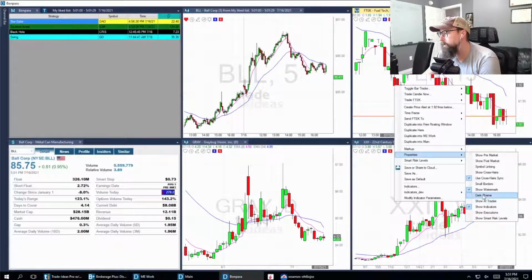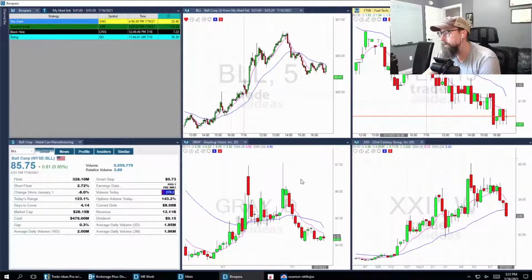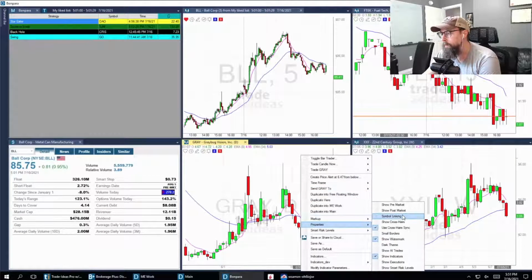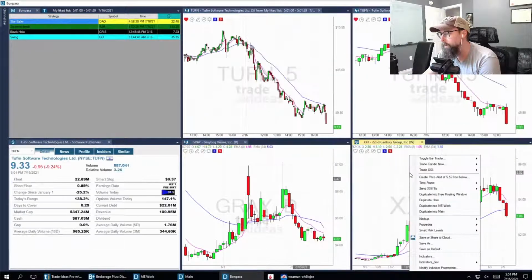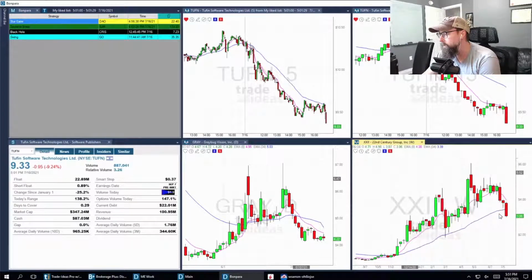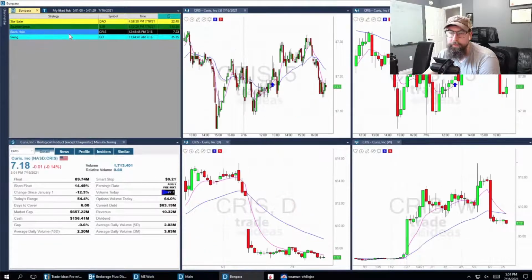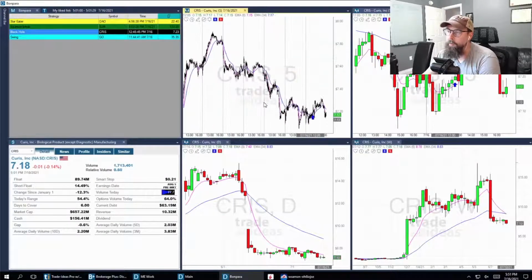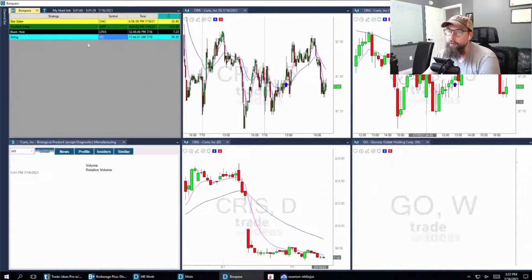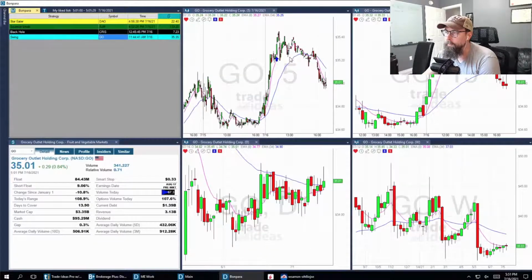All of the scans that I put into Trade Ideas get filtered into this particular setup. So for example, Go went through this morning and said, hey, this might be interesting. You can see the little arrow where it went through. But this is what I watch intraday to decide on making an entry.